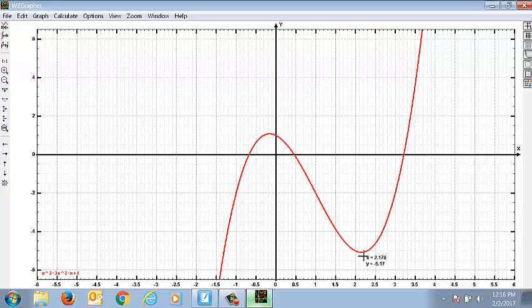And the relative minimum is at x equals 2.186, y equals -5.1. So that's negative, it's about a -1/6, maybe a 1/7. So we'll just say -0.14 and 1.1.